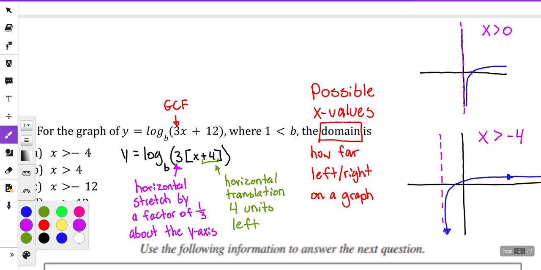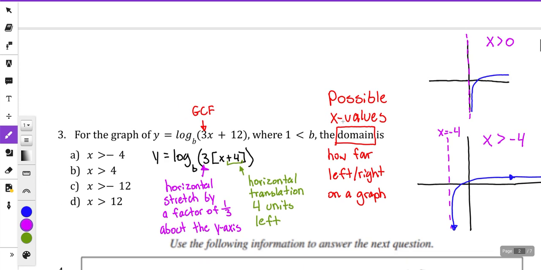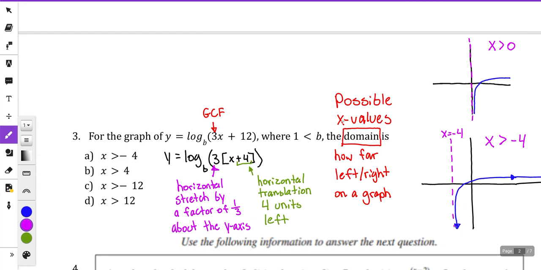I know it's -4 because this asymptote was at 0. It moved 4 to the left. That means this is -4, and it's bigger than that. Hopefully that's one of the answers. Oh, look, it is. It's always like a nightmare of mine.